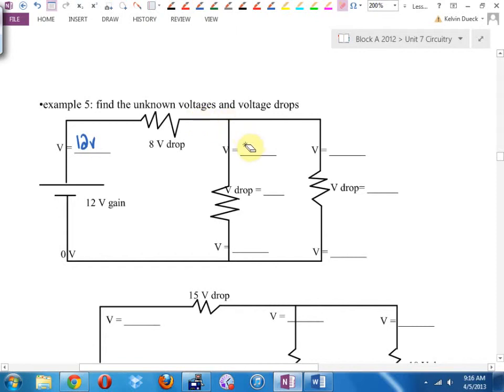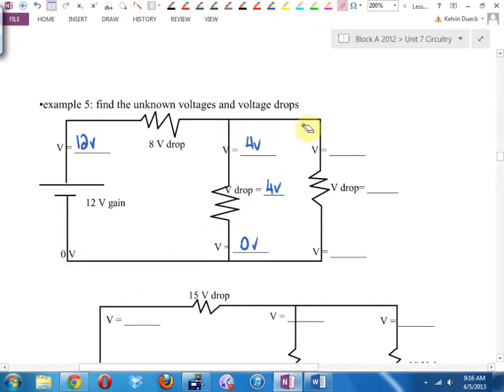In fact, what's the voltage right here? We're at 4 volts. Can I get back down to the chairlift of 0 going that way? Then what's the voltage drop in this resistor ski hill? It's got to be 4 volts to get to 0.